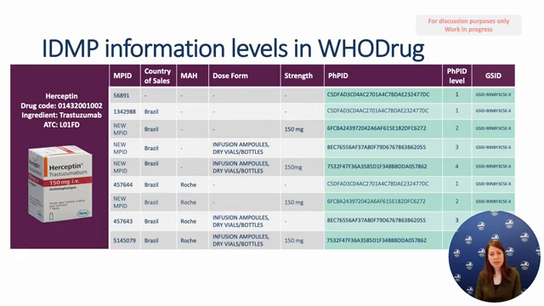WHODrug will be extended with global substance identifiers and pharmaceutical product identifiers. And as you can see on this slide, pharmaceutical product identifiers will be assigned depending on the level of information available to a particular record.